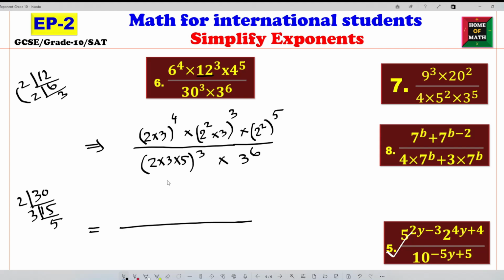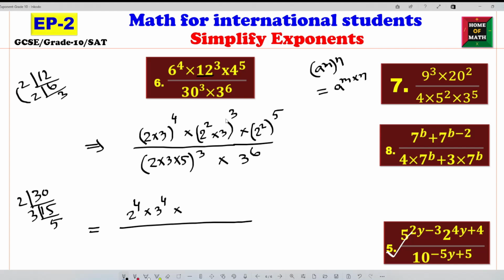Then we can write here 2 to the power 4 times 3 to the power 4 times here 2 to the power 2, it means 2 square. Again a cube comes, so we know a to the power m to the power n means a to the power m times n.